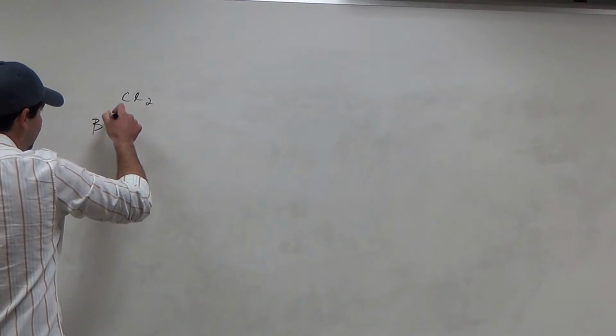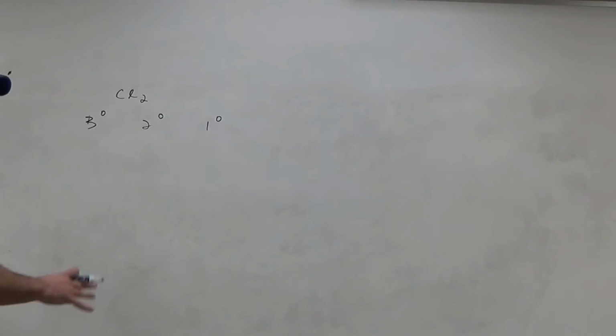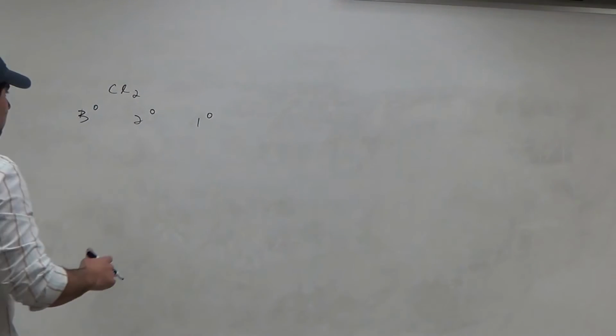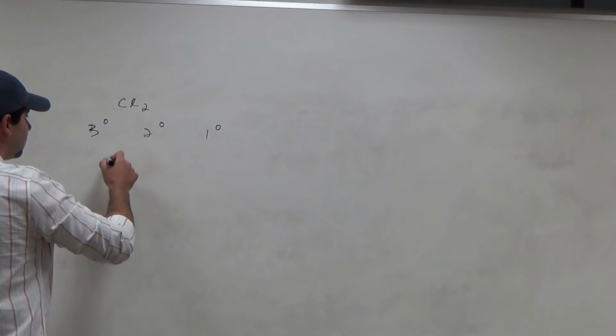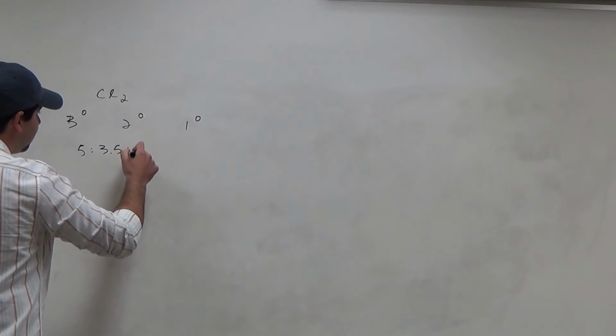Let's do first tertiary, secondary, primary hydrogens. We do know what they are, yes? Primary, secondary, tertiary? I bet some of you don't. The ratio is 5 to 3.5 to 1.